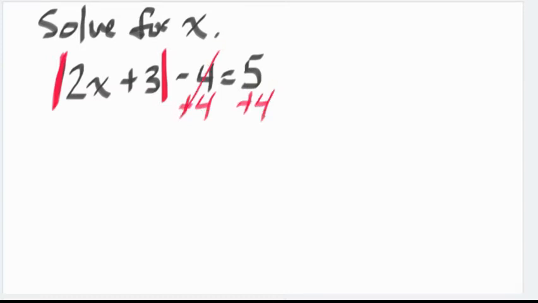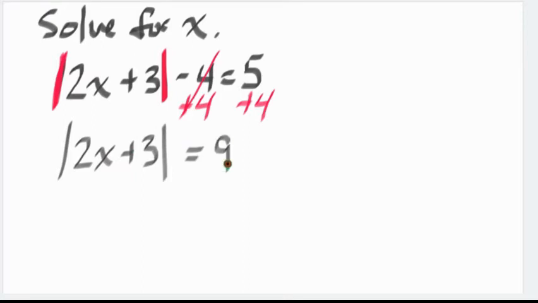And so now we'd have the absolute value of 2x plus 3, but now it's equal to 9, and it's isolated. There's nothing else on the left side of the equal sign. Isolated means by itself. So now we can say this is going to split. I don't have a ton of space, but I'll do the negative version right under here. If we went to the left, it'd be 2x plus 3 equals -9.